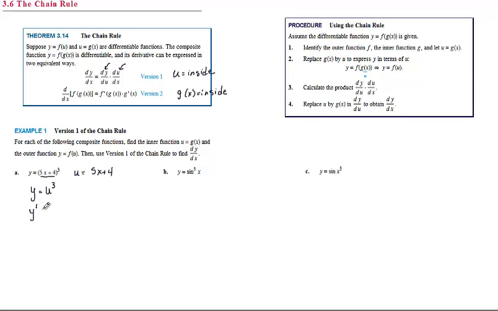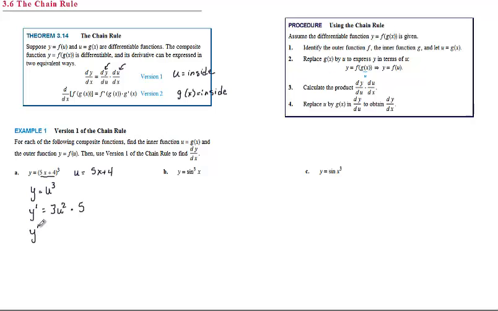Y prime equals, I'm going to take the derivative of y with respect to u. That's going to be 3u squared. Then I will take the derivative of u with respect to x, and I will multiply those two. The derivative of u with respect to x is a 5.